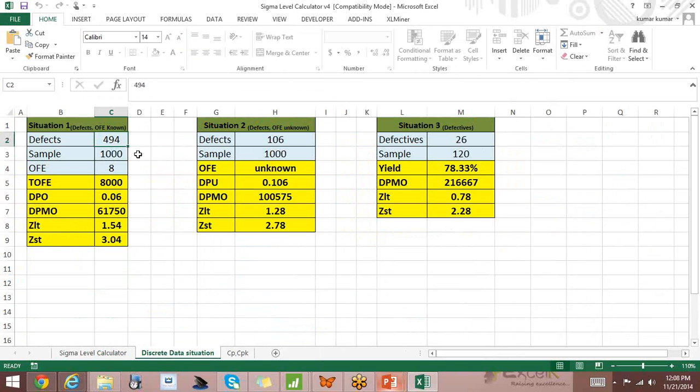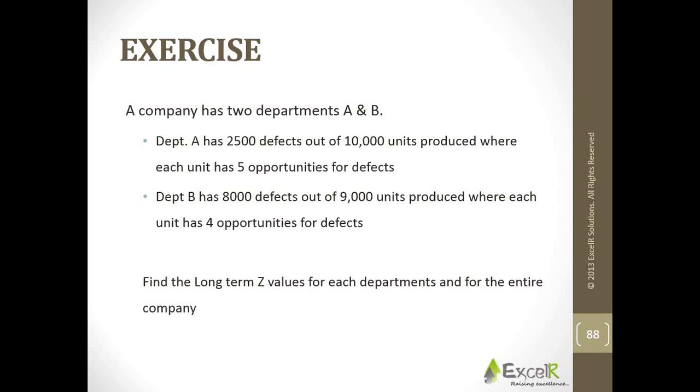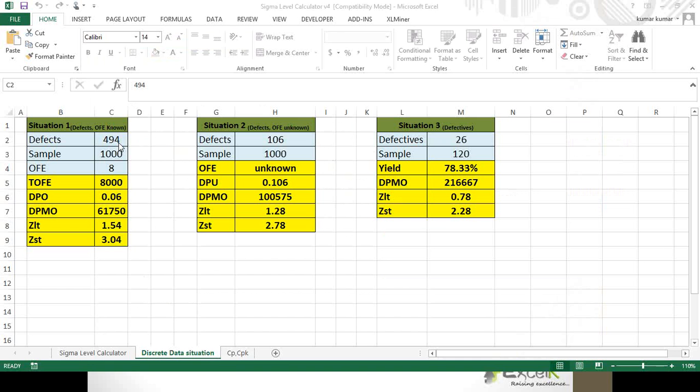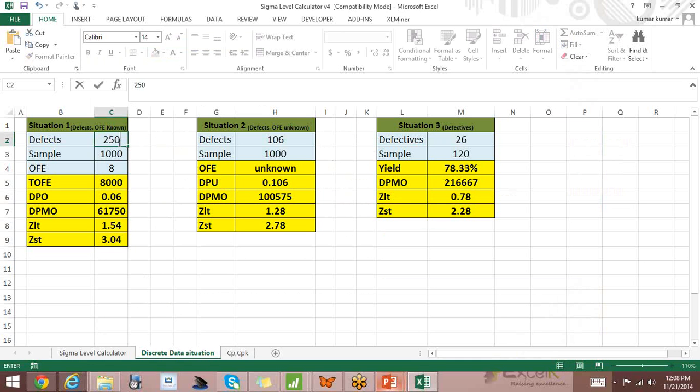So we have 2,500 defects out of 10,000 units and 5 opportunities for error. The sigma LT is 1.64. This is how we simply calculate.